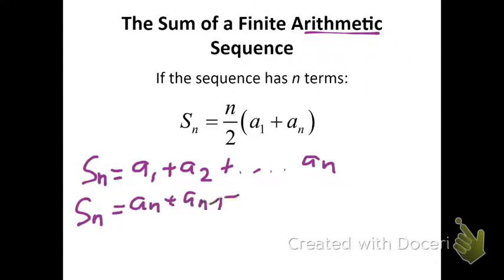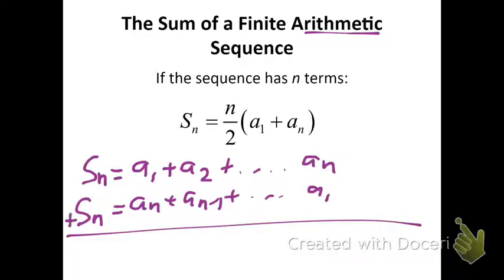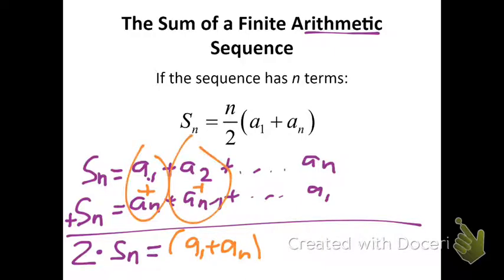these are arithmetic, which means there's a common difference from one term to the next. If I add these rows together, you get 2 times the sum is equal to the first term plus the last term, and then the second term plus the second to last term. But these sums are equal to each other, because the difference from the first term to the second term is the same as from the last term to the second to last term.